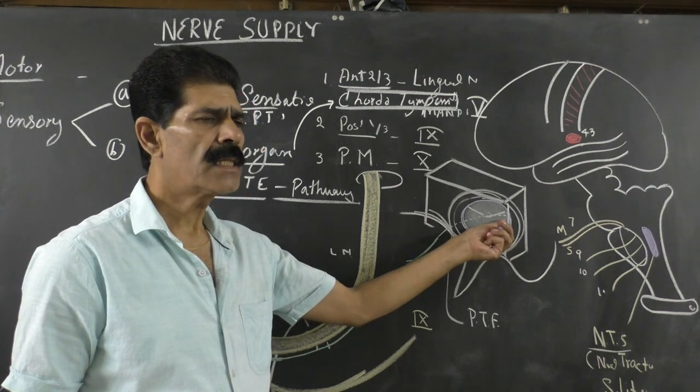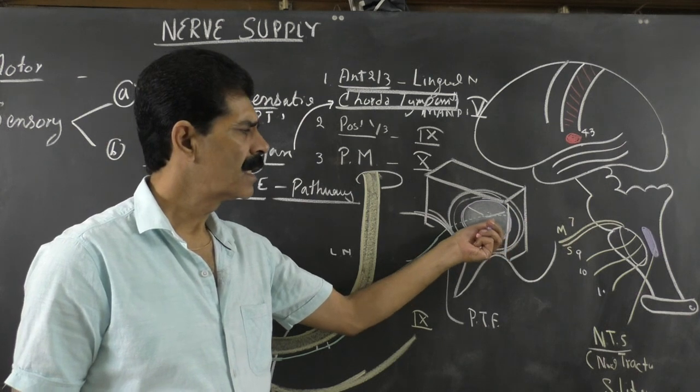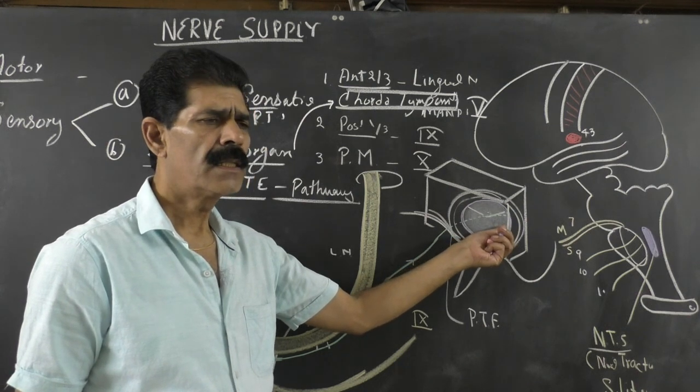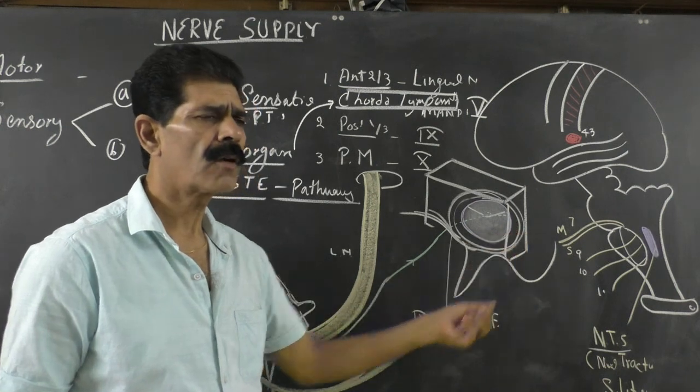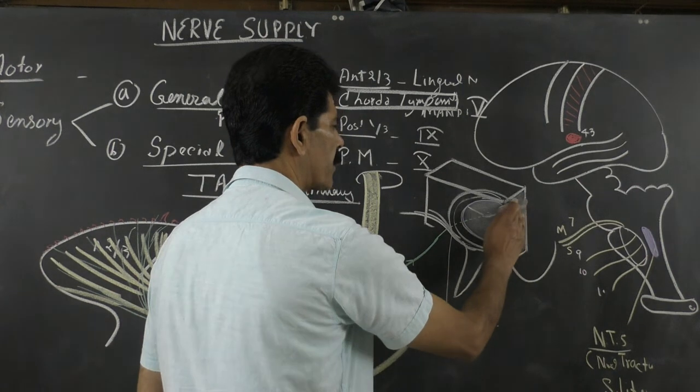Now it goes posteriorly, and there is a posterior canaliculus present at the junction of the lateral wall and the posterior wall of the middle ear cavity, somewhere here in the petrous part of the temporal bone.